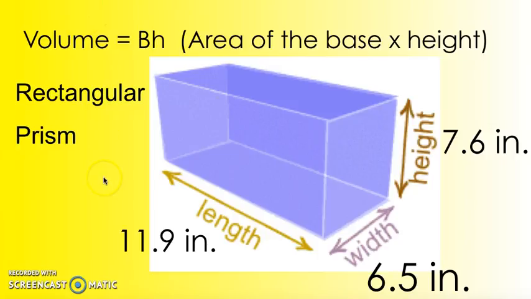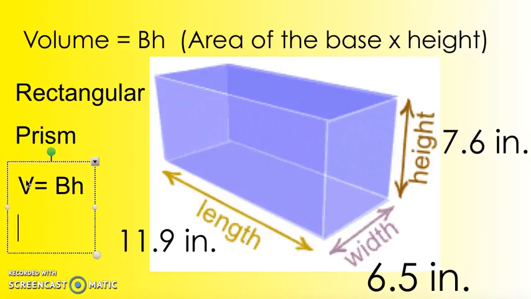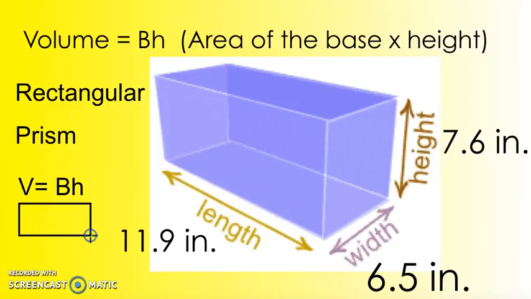Now, let's talk about what we are going to do to figure out the volume of this. If I want to find the volume of this figure, I'm taking the area of the base times the height. First of all, we need to look at the base and figure out what shape it is. In this case, we have a rectangle as our shape, and I am going to just draw a rectangle.